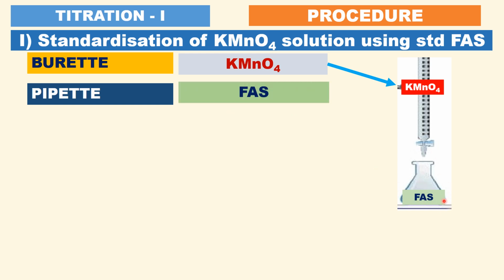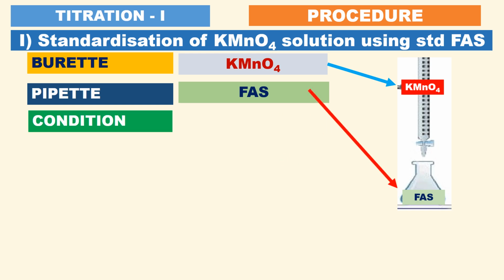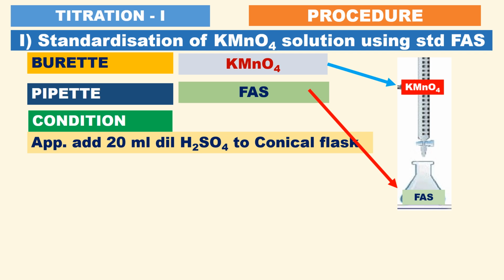And then what is the condition? This reaction takes place in acidic medium. Therefore, add approximately one test tube, about 20 ml, of dilute sulfuric acid to the conical flask.